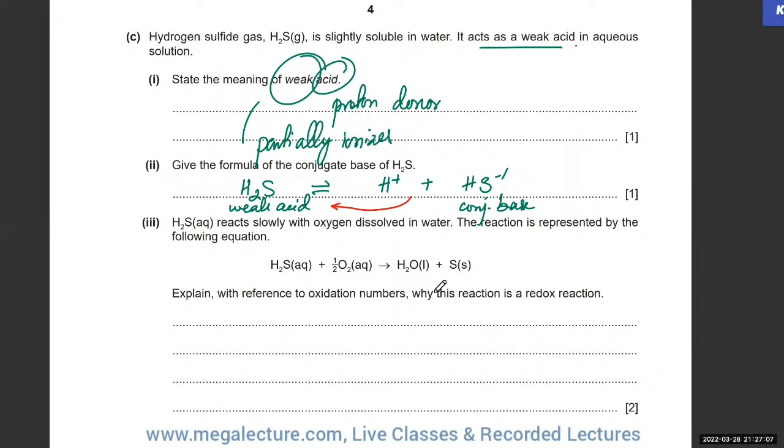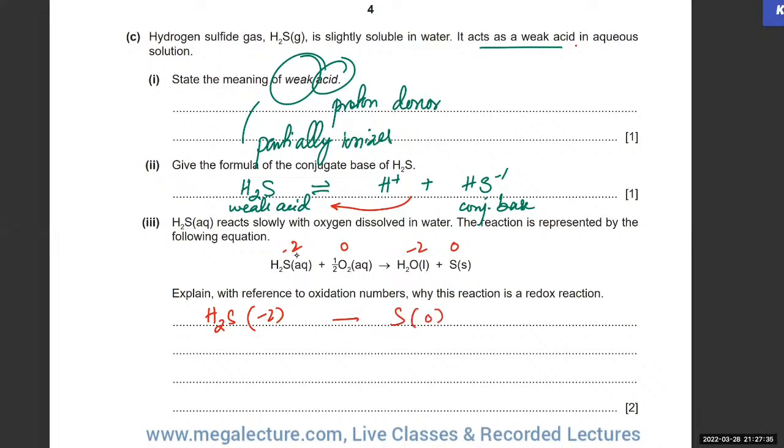Explain with reference to oxidation number why this reaction is a redox reaction. So S is -2 over here, and over here it is 0. You just give the reference that in H2S, sulfur goes from -2 to 0.